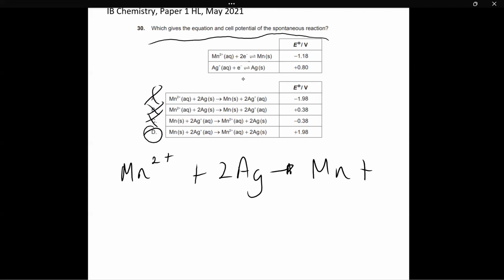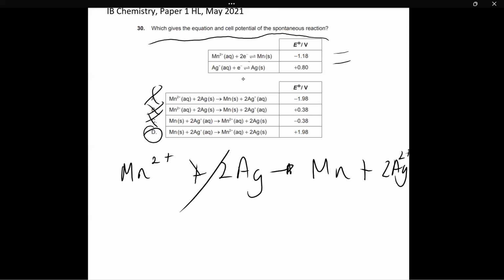In B, we see that Mn is being reduced. Mn2 plus is gaining 2 electrons from Ag to become Mn. And that is wrong, right? As we said, based on the electrode potential values given to us, Mn is more likely to be oxidized than it is to be reduced.